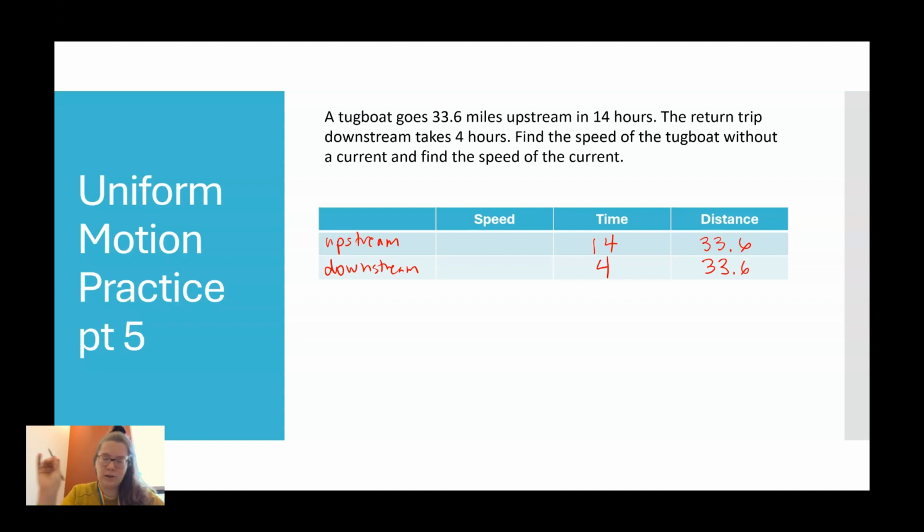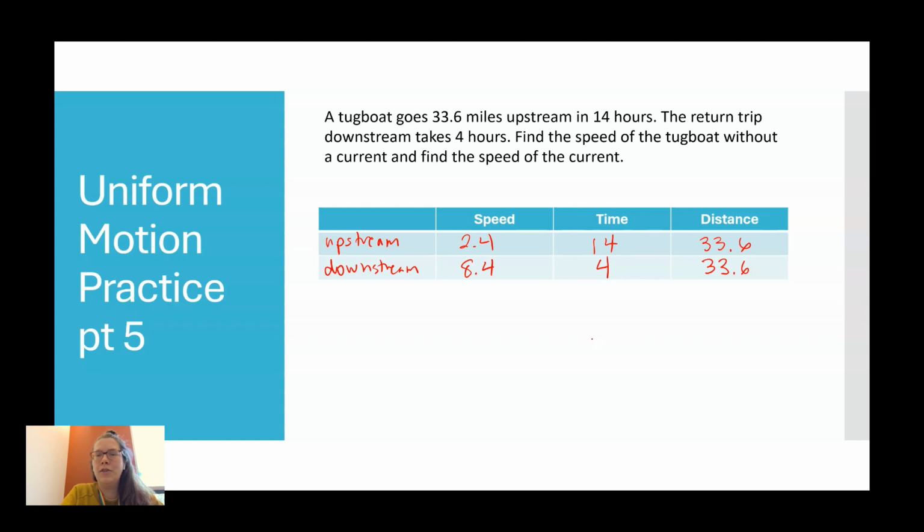So we did this just like this before. Let's try it again. We're going to go distance divided by the time to get our speed. And gosh, what is that? 2.4 miles per hour. And then 33.6 divided by 4 gives us 8.4 speed for our downstream miles per hour.